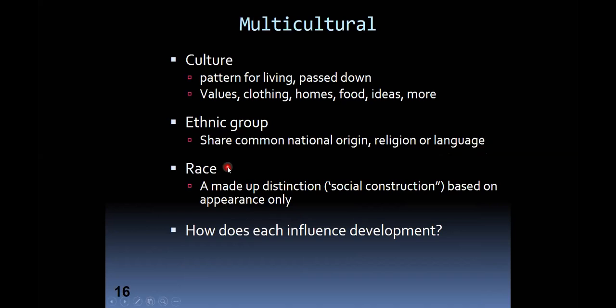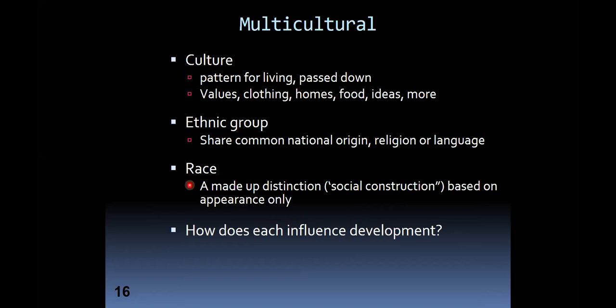Okay, so next we come to race. So first thing that we have to be aware of is that race is really this kind of made up distinction. It's what they call a social construction that people have somehow agreed upon that these physical differences, physical appearance means that people are different on every level.